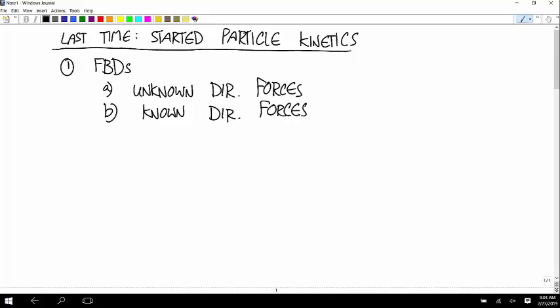And so now I want to talk about what are the cases where we know the directions of forces? There are three of them. So three types of forces with known directions.